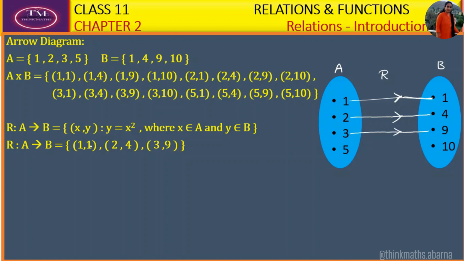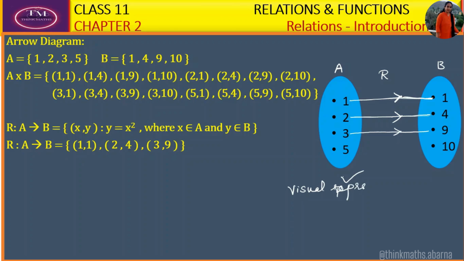For 1, 1, draw an arrow between 1 from A and 1 from B. For 2, 4, draw an arrow between 2 from A and 4 from B. For 3, 9, draw an arrow between 3 from A and 9 from B. This is the way to represent a relation in an arrow diagram. It is nothing but a visual representation.